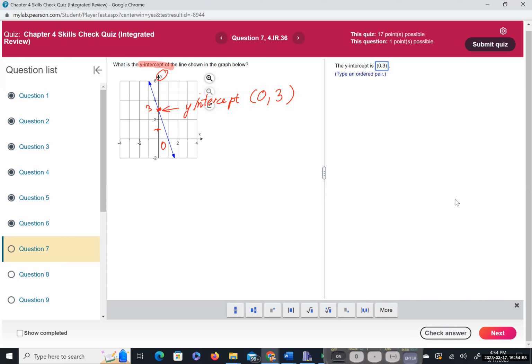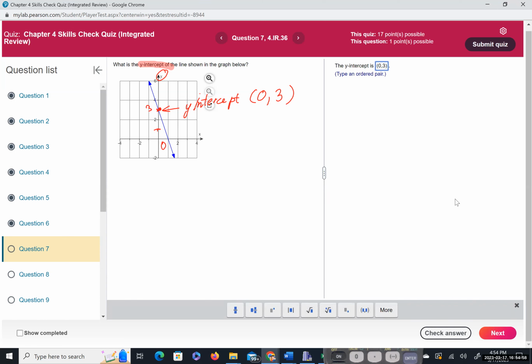Okay, so I want to teach you that a linear equation has slope-intercept form as y equals mx plus b.